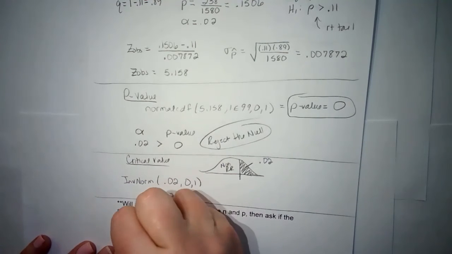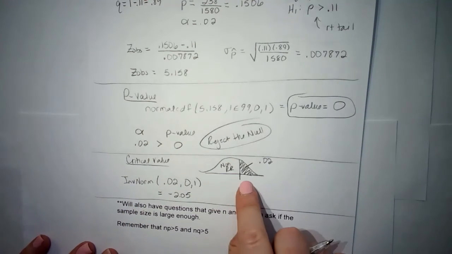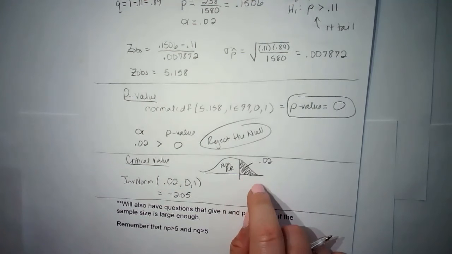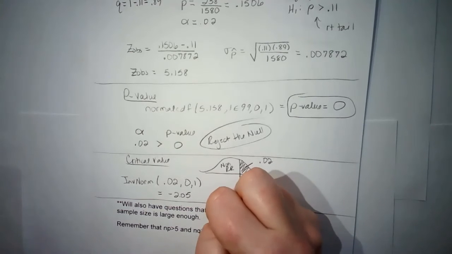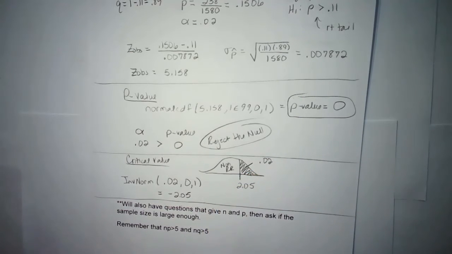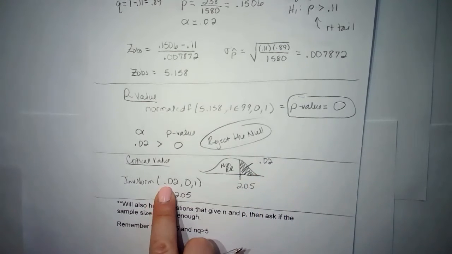Sometimes that happens because, remember, technically inverse norm is the area to the left and we put the area to the right. I don't worry about it because I know what my critical value should be: positive, because it's a right-tailed test. So just make it positive. Otherwise, the only way to fix that would be to do 1 minus 0.02 and put an area of 0.98 in first. But I figure that's just more things to worry about.